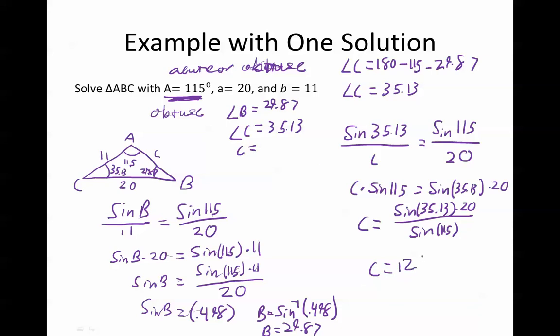Rounding, 12.7. And that's it. So we've solved the triangle. I have all the angles. I have all the sides. The difference being when we're finding an angle, make sure we do inverse sine. But ultimately, we're just doing the law of sines twice to find the two missing pieces.